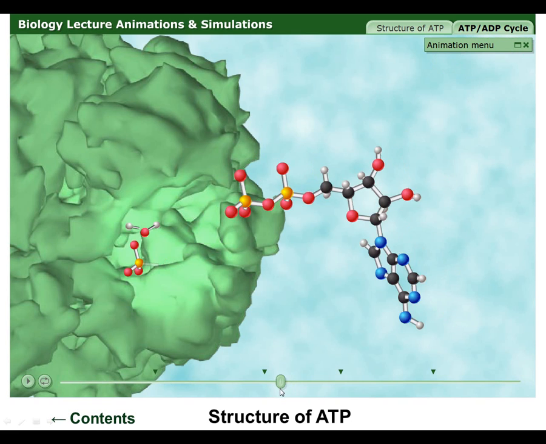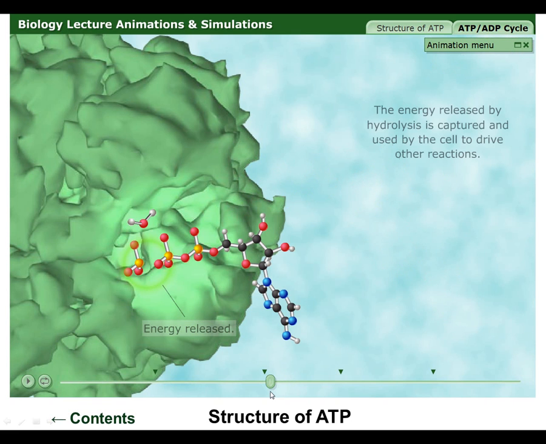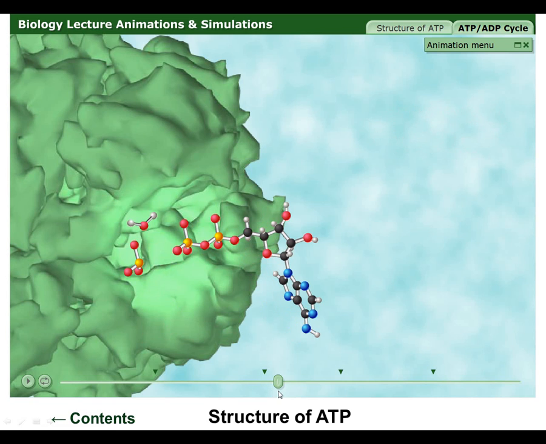So notice how this molecule entered in as ATP. And then an enzyme can regulate these different types of reactions. And notice how ATP has become dephosphorylated. What does that mean, dephosphorylated? Given away a phosphate. It's lost a phosphate.